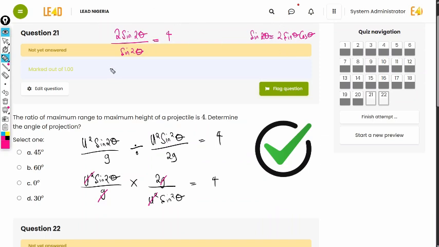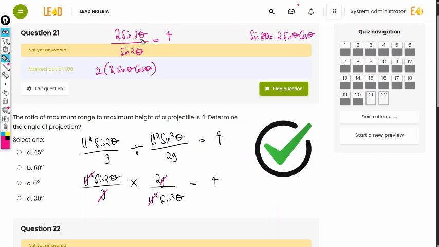So that means that this would be 4 cos, okay, no, let me plug in properly. So this would be 2 sine theta cos theta, then times the 2 outside.